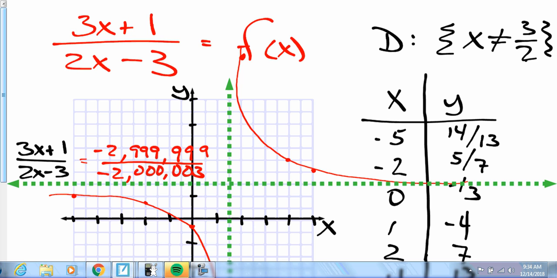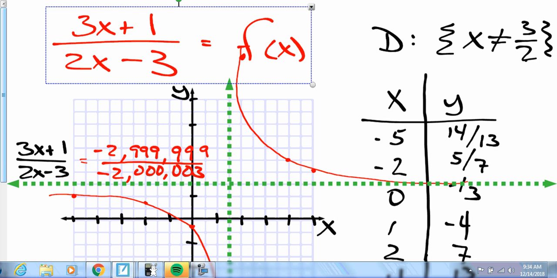The 1 over here and the 3 over here, they become more and more meaningless as x gets higher and higher on the right-hand side, or lower and lower on the left-hand side, right? Okay. So, when I'm figuring out where to put my horizontal asymptote, I ignore these guys and just look at my coefficients over here.